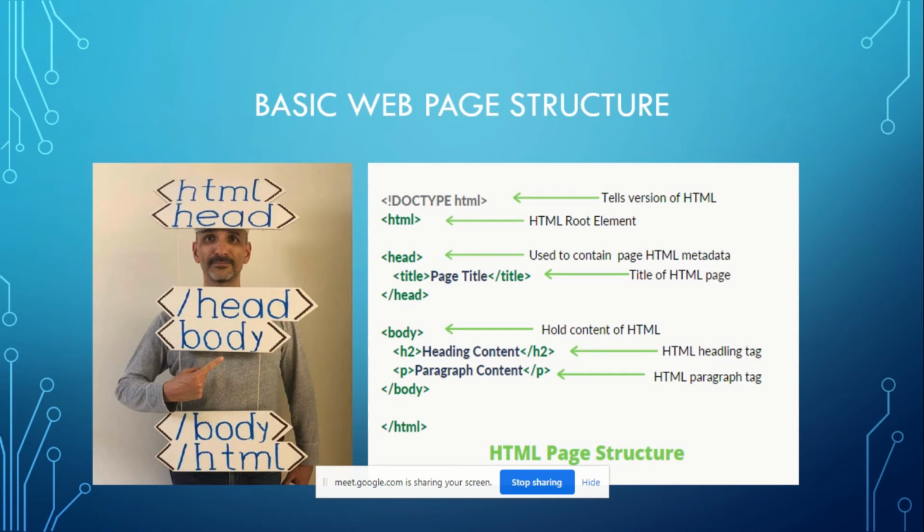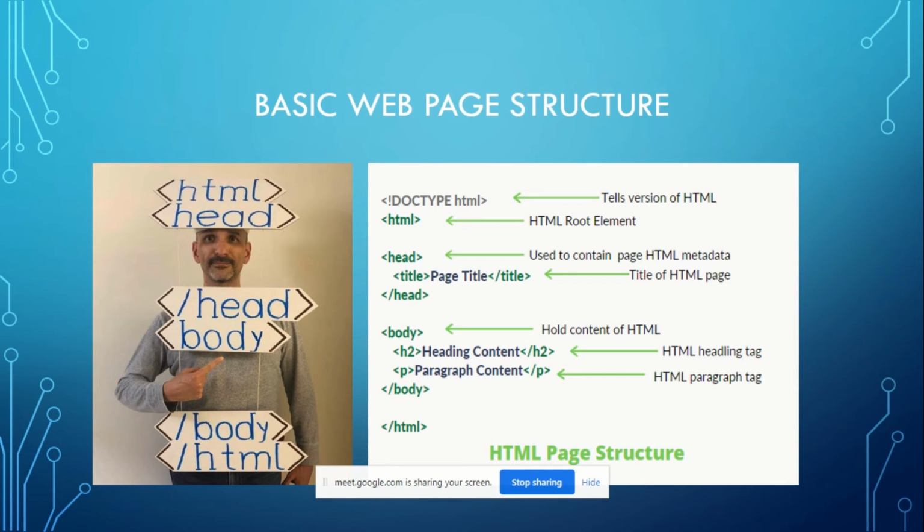Previously, we never included doctype. A web page started with the HTML tag and closed with the HTML closing tag. Today, in case you're using HTML5, you have to specify the doctype.